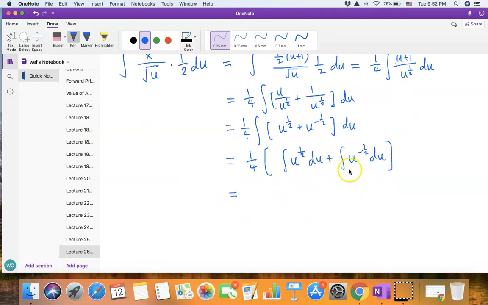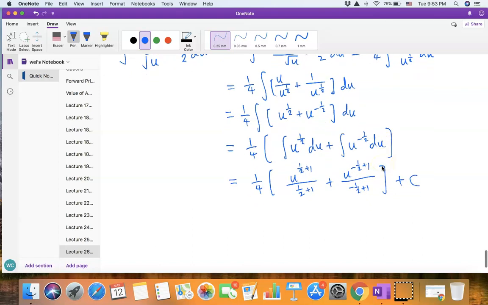Then using the power rule, we can solve for each integral. So we get u to the power of 1/2 plus 1 over 1/2 plus 1, plus u to the power of negative 1/2 plus 1 over negative 1/2 plus 1, plus a constant.